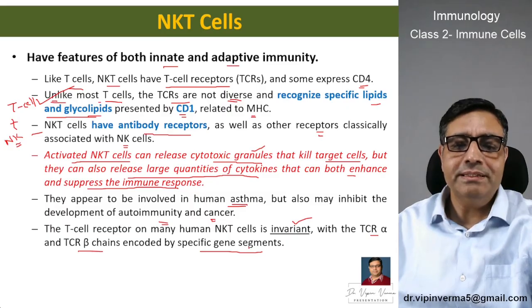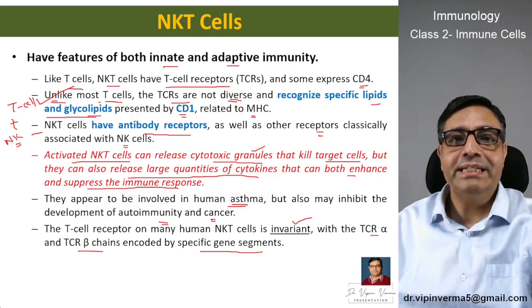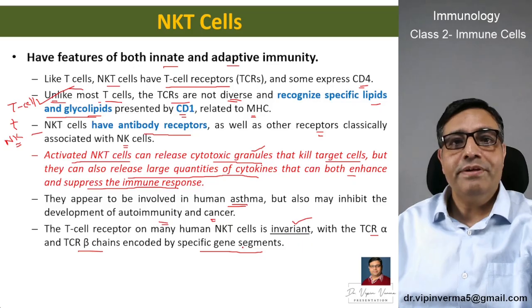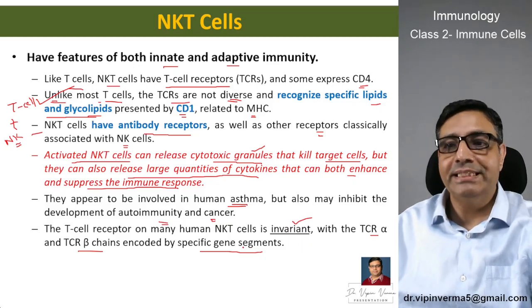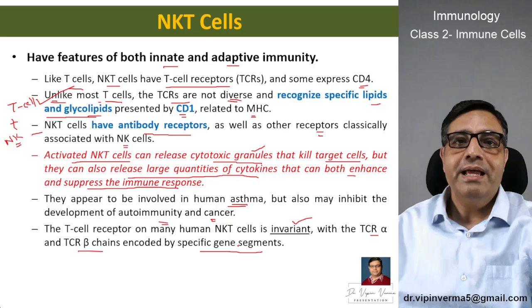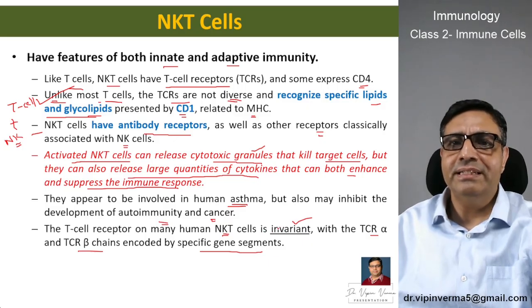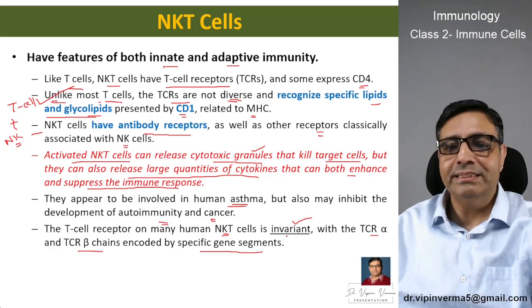Now, we have the T cell receptor and B cell receptor as diverse because we have different gene rearrangements. We will see in the later classes where we will discuss the details. But here you need to understand that the T cell receptors on the NKT cells are invariant. That means they don't change much because they are encoded by only specific gene segments.